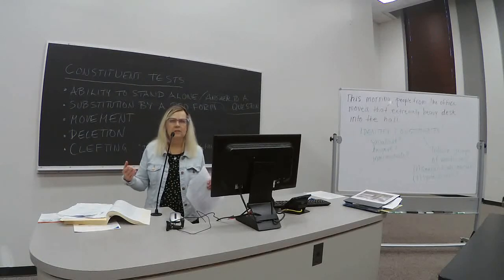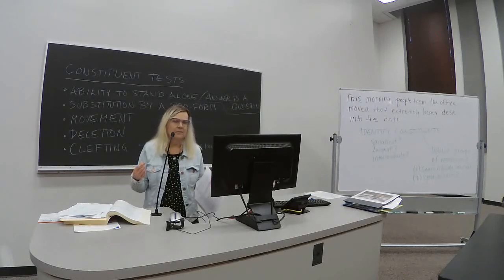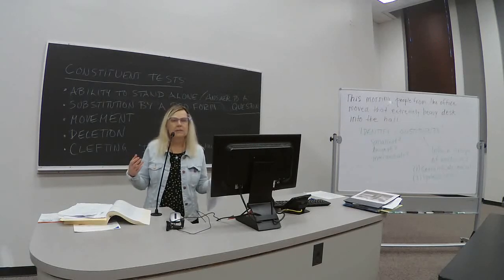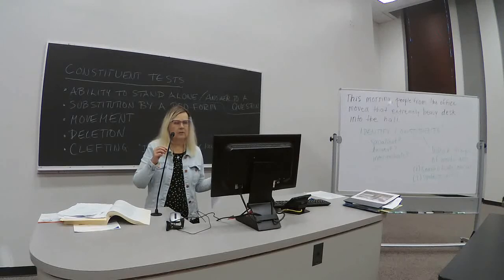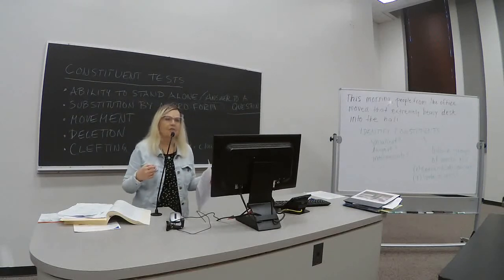So if we have a sentence like she had a run in her stocking. Run is not a verb, it is what? She had a run in her stocking. It's a noun, right? Because it's preceded by a determiner. Or she had several runs in her stockings.